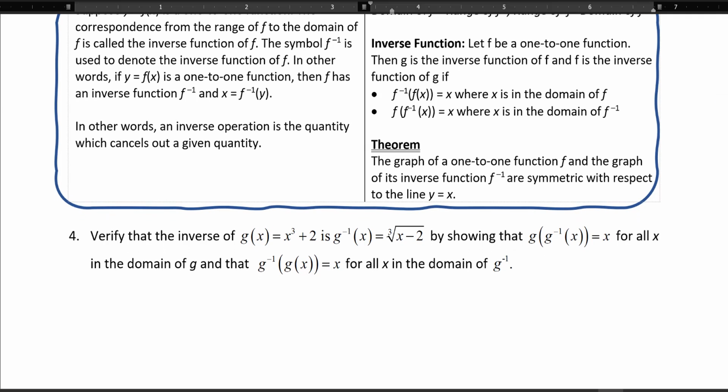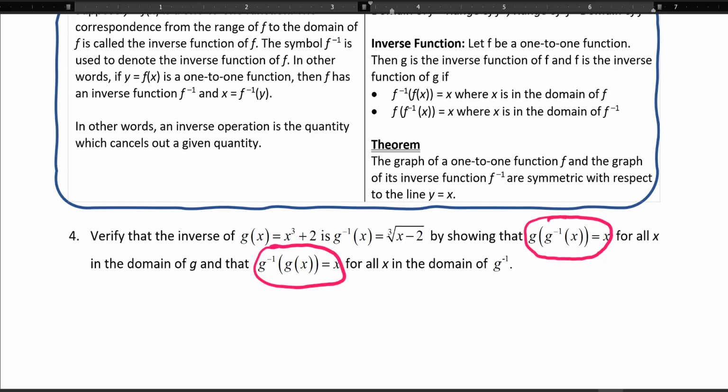And to determine if one function is an inverse of the other, we're going to compose those functions, and it's going to equal x. So we have g of g inverse of x, or g inverse of g of x, is equal to x. So that's a lot to say.